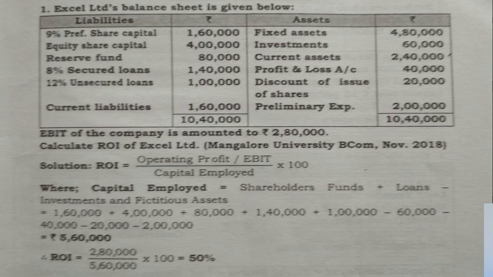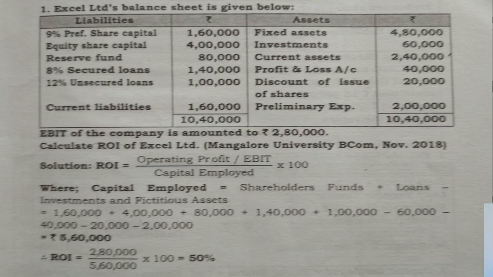It is given in this balance sheet and that also we have deducted from the shareholders' funds. Totally, after adding shareholders' funds plus loans and deducting investments and other fictitious assets, we get 5,60,000. That is capital employed, denoted by C.